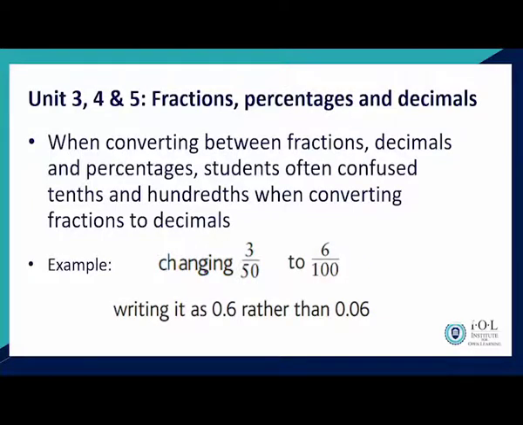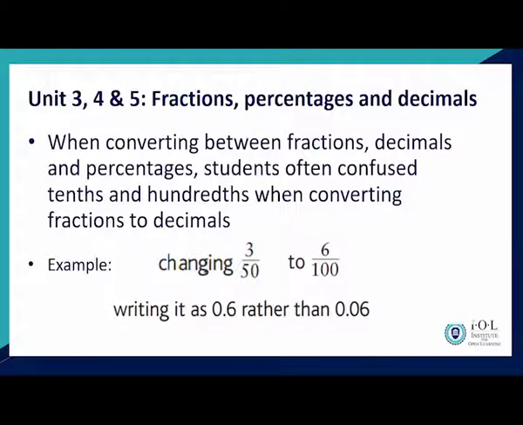One of the common errors observed was when converting between fractions, decimals and percentages. Students many times confuse the tenth and the hundredth. The place values play a big role, and they confuse the place values when converting from fractions to decimals and vice versa.